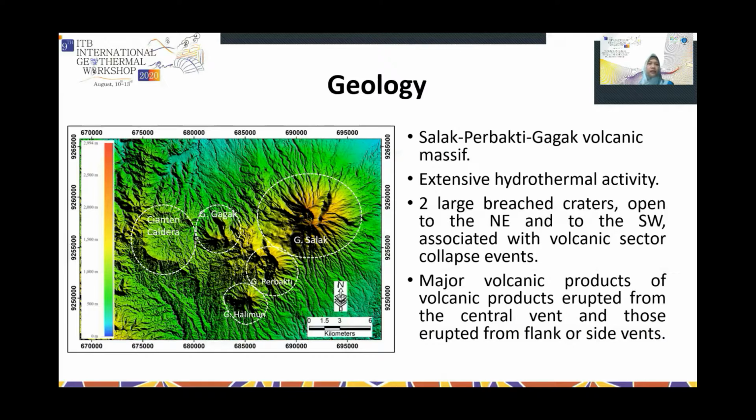The westernmost crater was the source of large debris avalanche deposits, which extend over 10 kilometers from the summit. A late-stage dome built on the western crater rim as a result of the most recent activity.